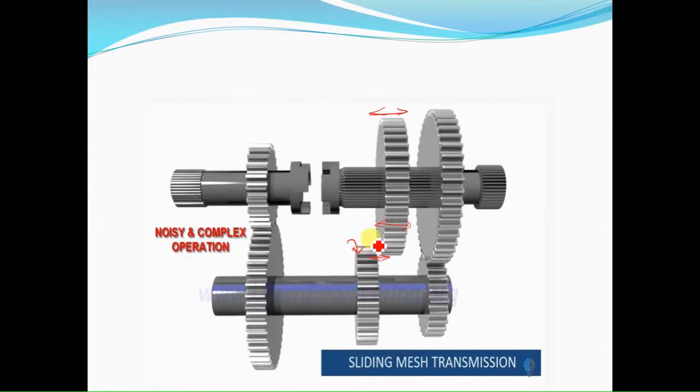So such a gearbox is normally not utilized. In place of this sliding mesh gearbox, a second type of gearbox has come into picture, called the constant mesh type gearbox. That will be discussed in the next video.